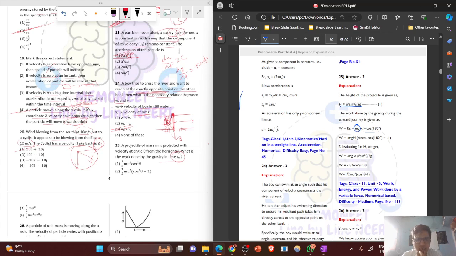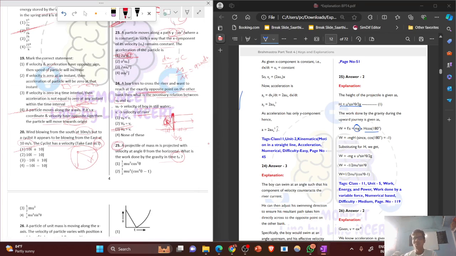I think there is some mistake in the explanation, because for time t naught we first need the value of the time. I think there is some issue in this question, because it is asking about the work done by gravity in time t naught.